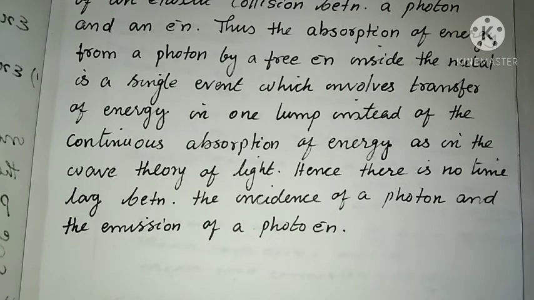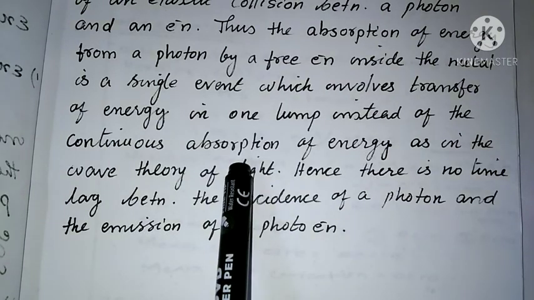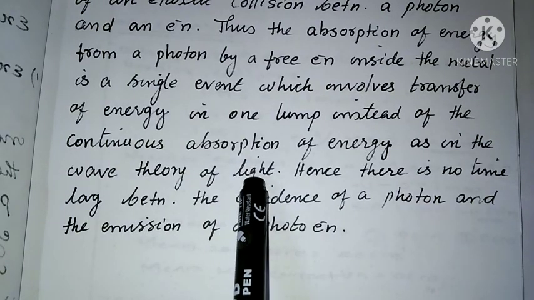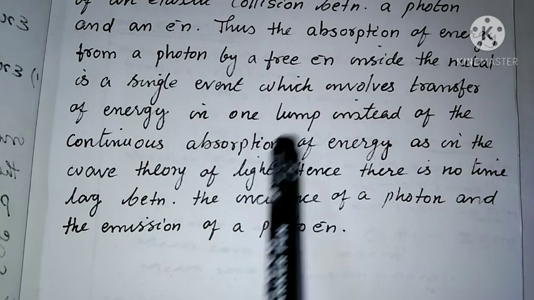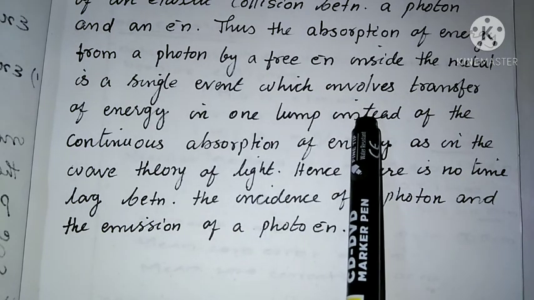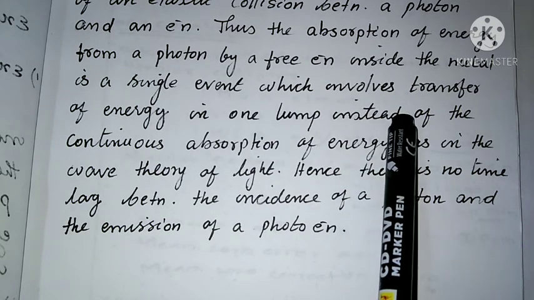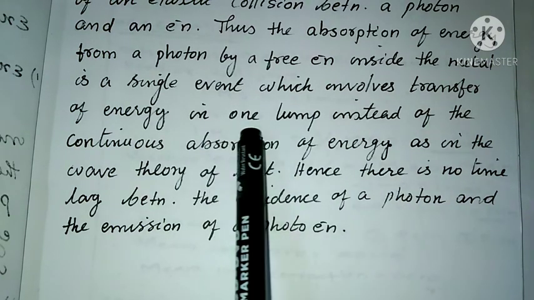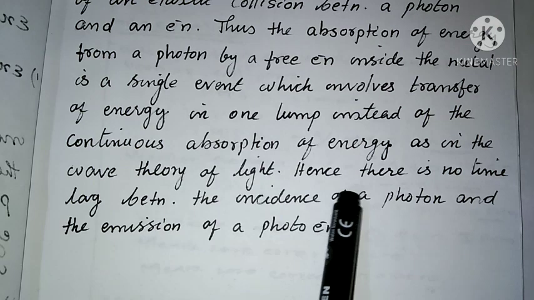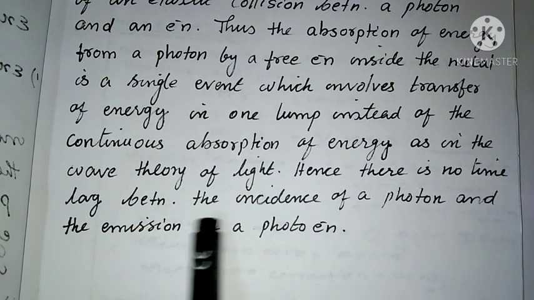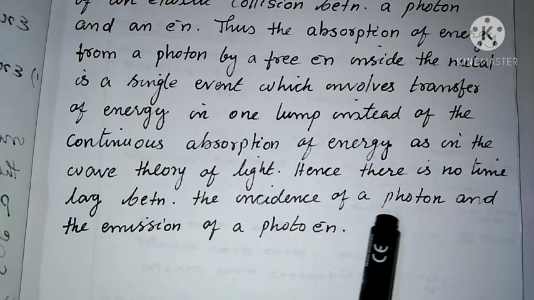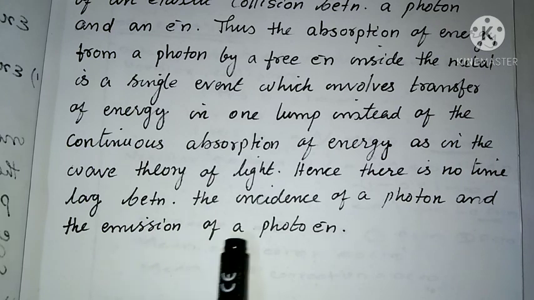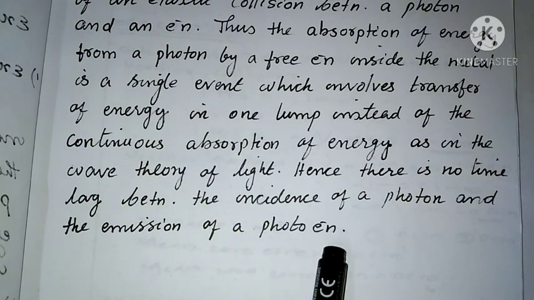The wave theory says the energy is continuously absorbed by the electron, but according to Einstein's explanation, the transfer of energy is in one lump. Hence there is no time lag between the incidence of a photon and the emission of a photoelectron. It is an instantaneous process.